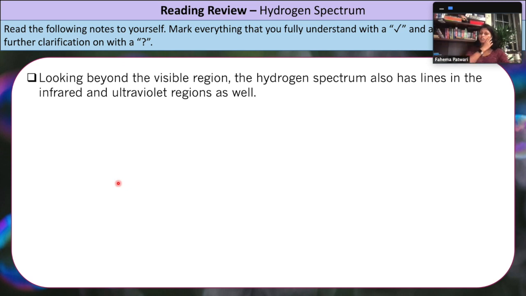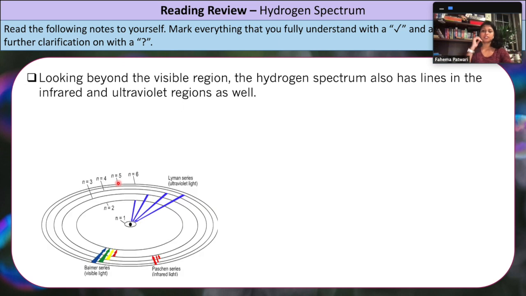Okay, so now we'll talk specifically about the spectrum for hydrogen. Hydrogen is the only element you will need to know specifics about. So looking at the visible region, this is the same thing you've been looking at, just at a different angle. We've been looking at the visible region, right?